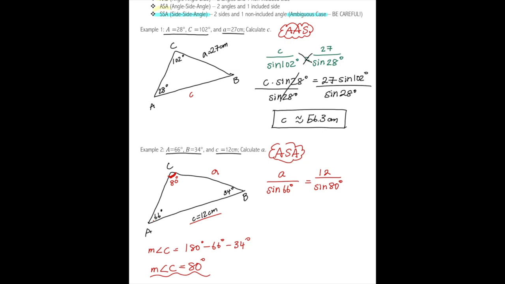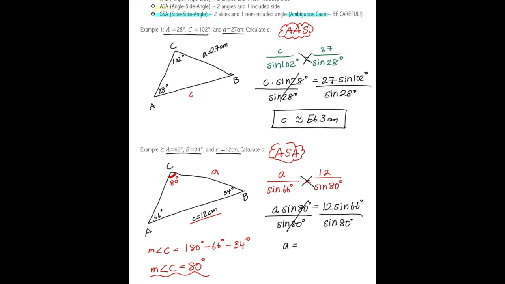Same thing, I'm going to use cross multiplication, which is a times sine of 80 degrees equals 12 times sine of 66 degrees. Divide both sides by sine of 80 because we're solving for a.